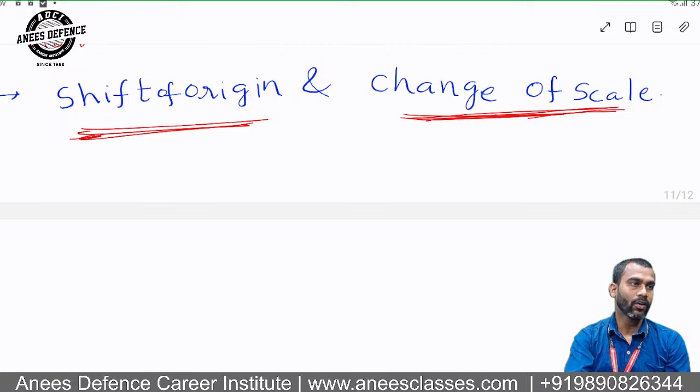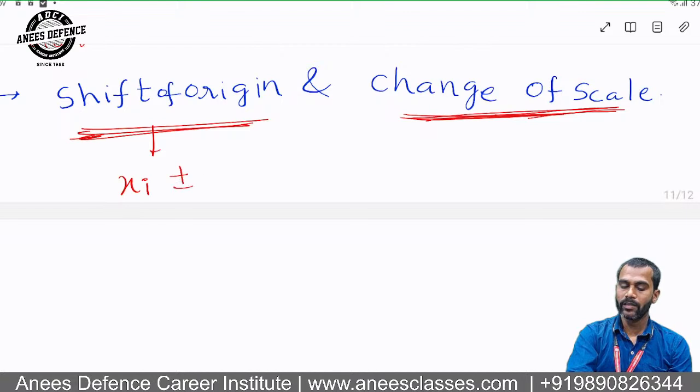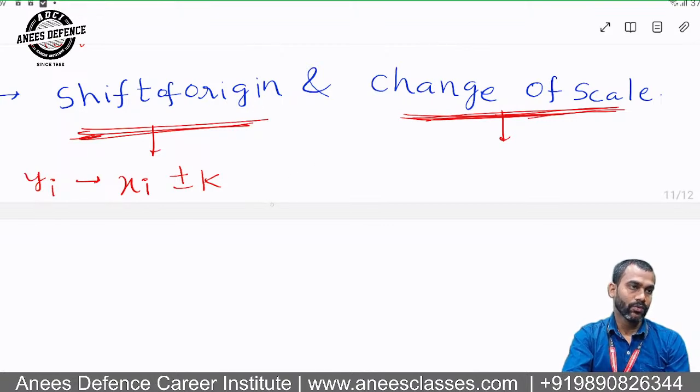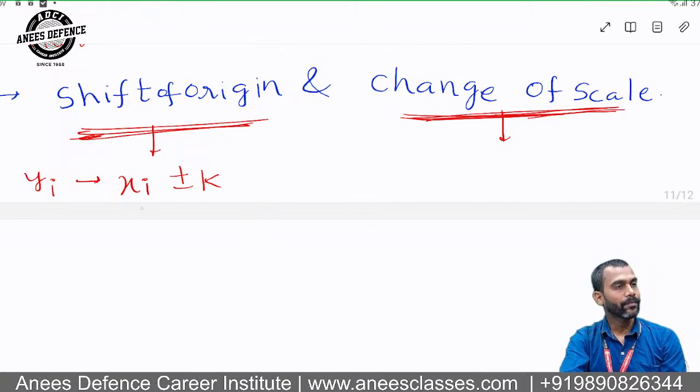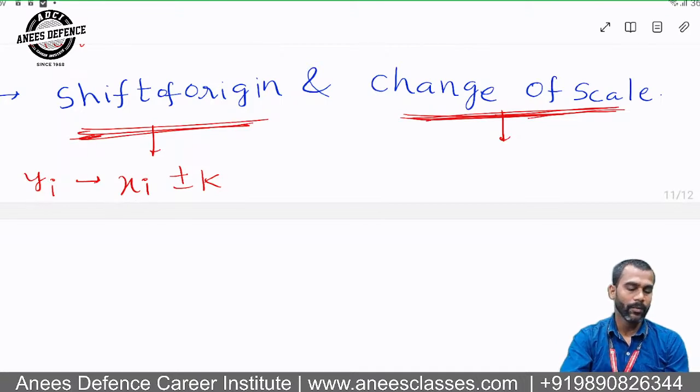Yes or no? Here it will be like xi plus or minus k. K will be any scalar, any constant. I can write yi is equal to xi plus or minus k. So the original observations are xi. If we add or subtract k to or from every observation on x, the other variable is yi. So that is called shift of origin.